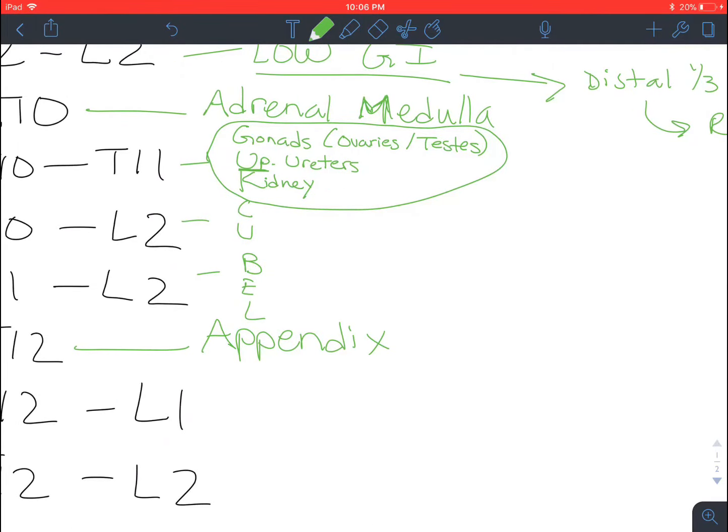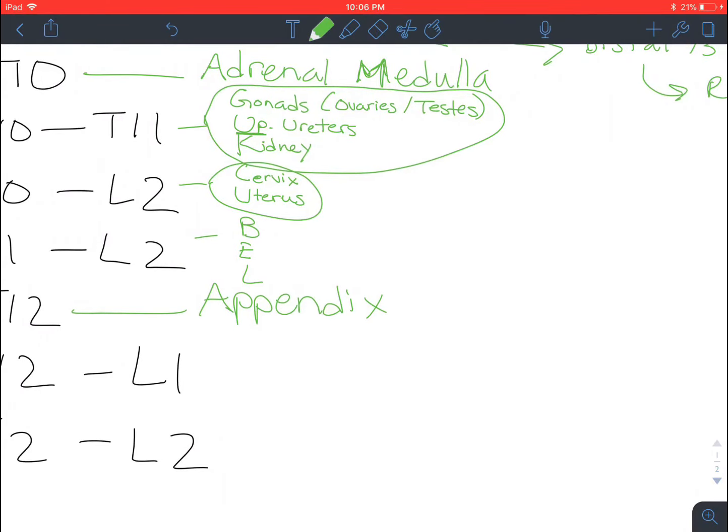Okay, and then CU will be for cervix and uterus. And then Belle. So that one will be the bladder, erectile tissue, which is the clitoris and the penis, and then the legs.